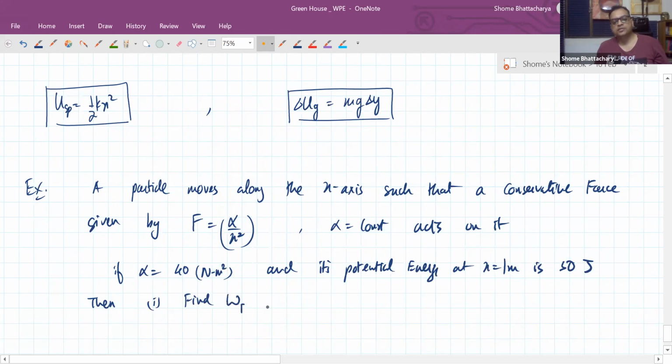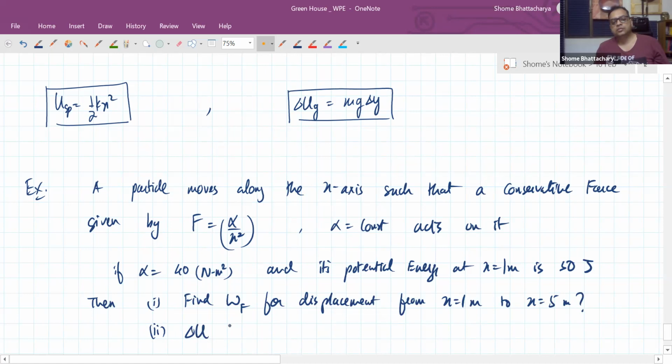find the work done by F for displacement from x equal to 1 to x equal to 5 meters. And second, the change in potential energy delta U for x equal to 1 to x equal to 5.